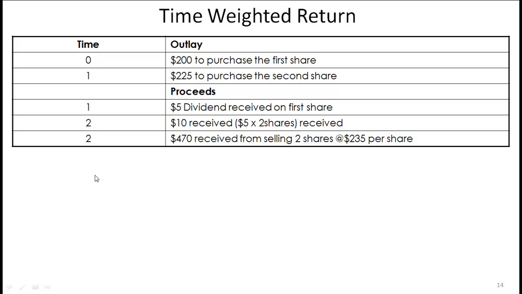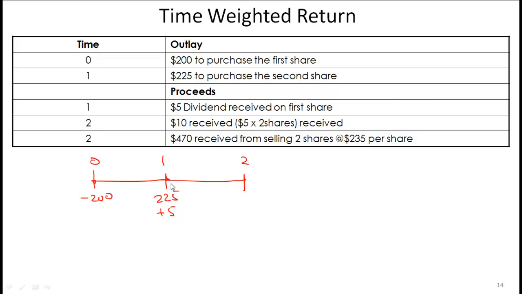Now let's take an example that allows us to calculate time weighted return. The way we calculate time weighted return, we look at the return for every period. So 0, 1, 2. You look at all the major points where there are either inflows or outflows. There is a major inflow at time 0 where you purchase shares for 200, and then after 1 year the share is worth 225, plus there is a $5 dividend.